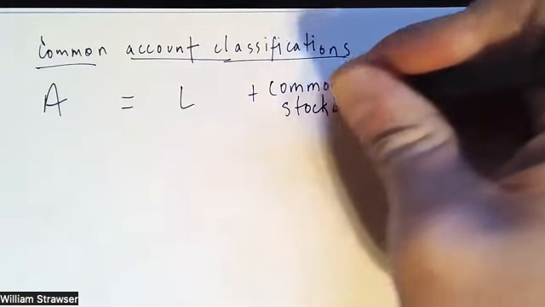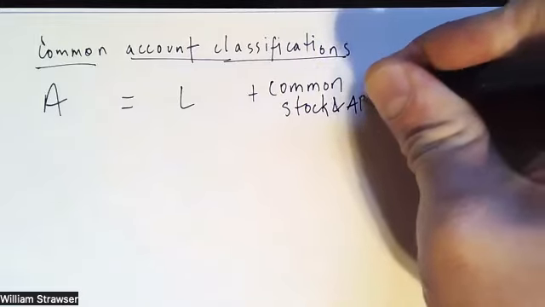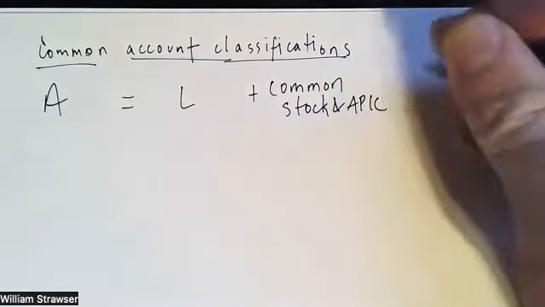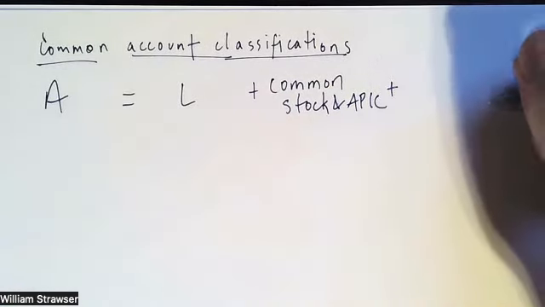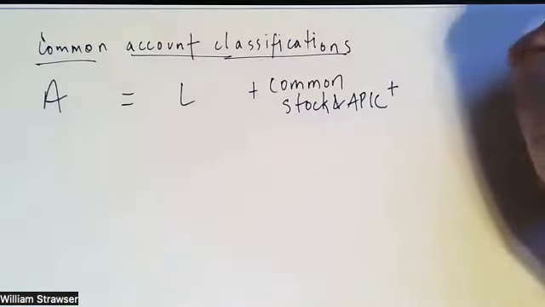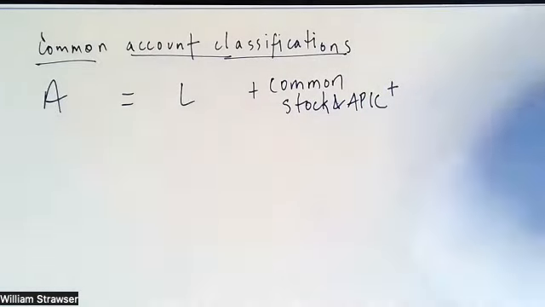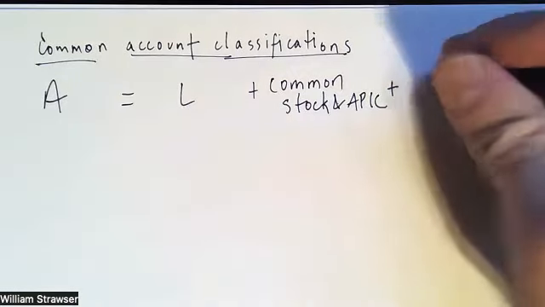And this also includes APIC. I will do a short review of what APIC is and how it arises in a transaction, so you can see that basically APIC is just common stock.